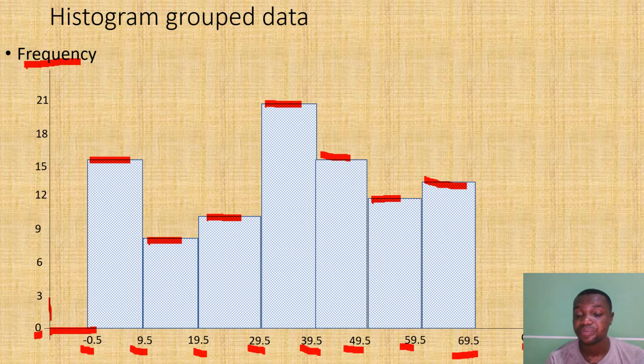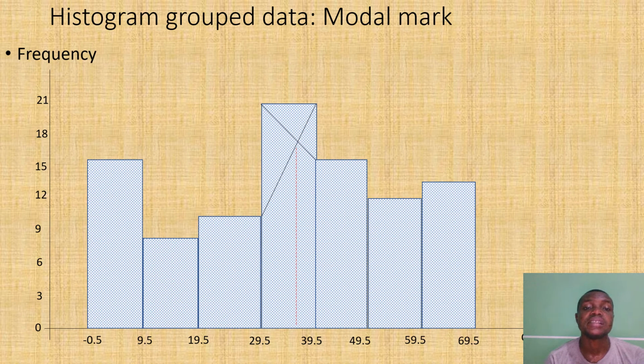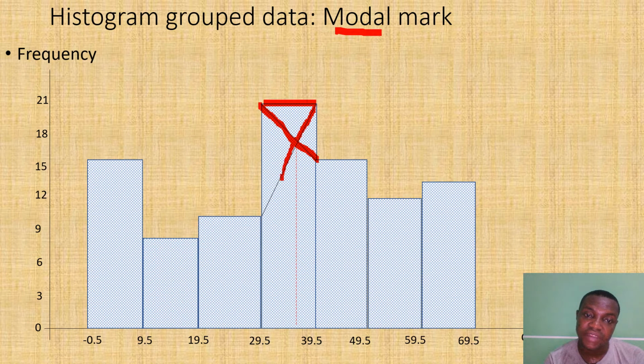to stand out. So let's look at how to find the modal mark. To find the modal mark, you identify the highest bar. Then you draw a diagonal from the tip of the highest bar to the tip of the next bar. Then draw another diagonal opposite to it, to the tip of the next bar on the other side.